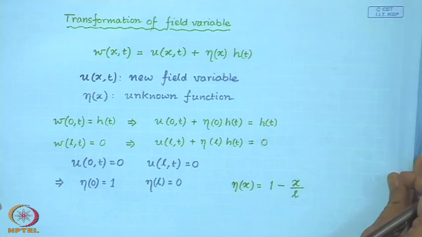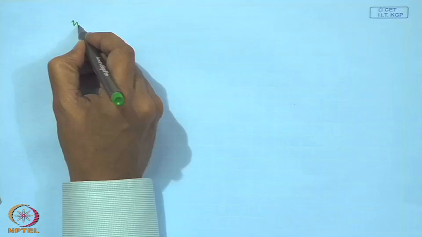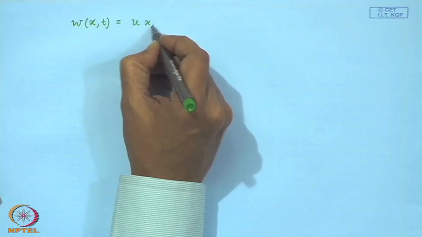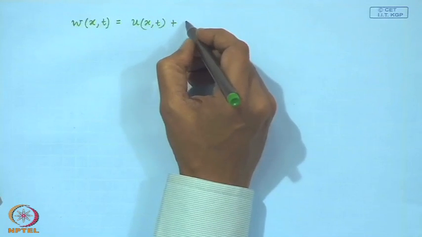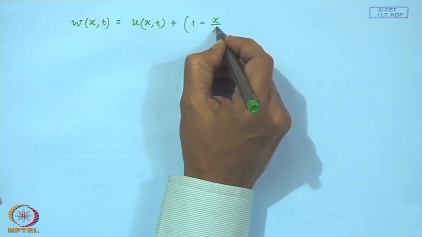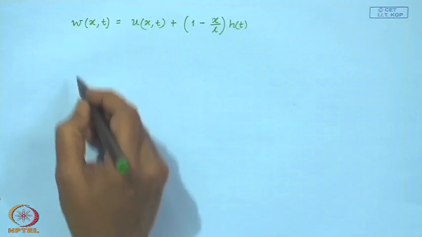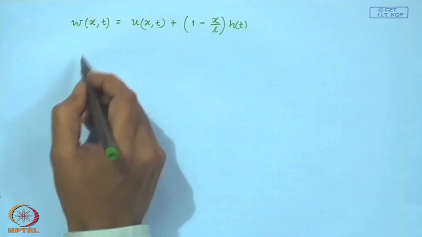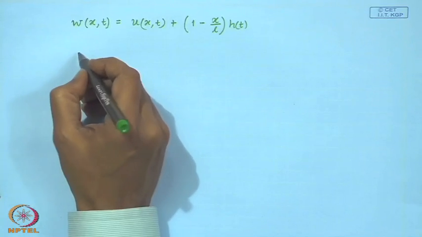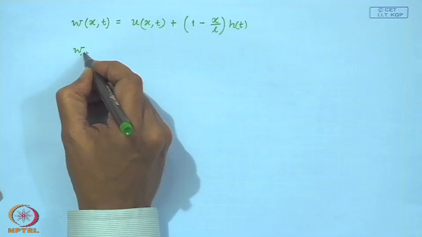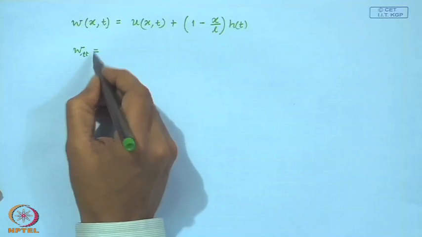So, if you put this back into your transformation, you have this expression for our field variable w in terms of u, and if you substitute this in the equations of motion, we need to calculate the double derivative with time.